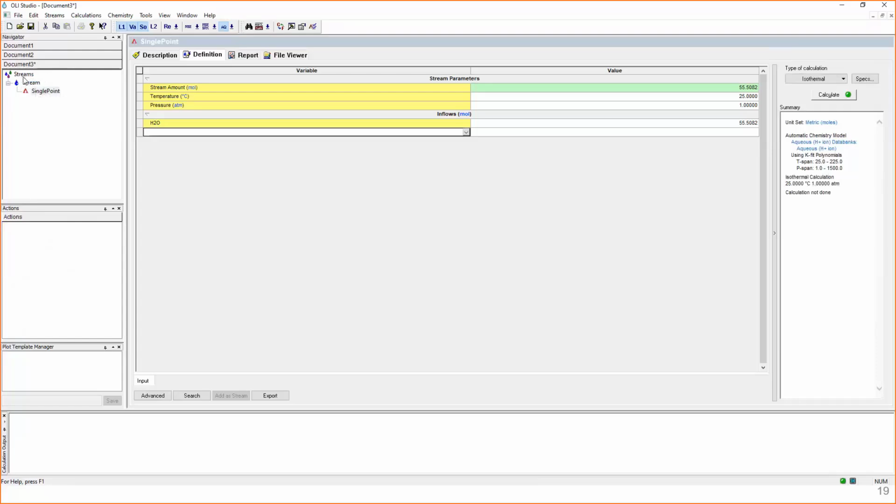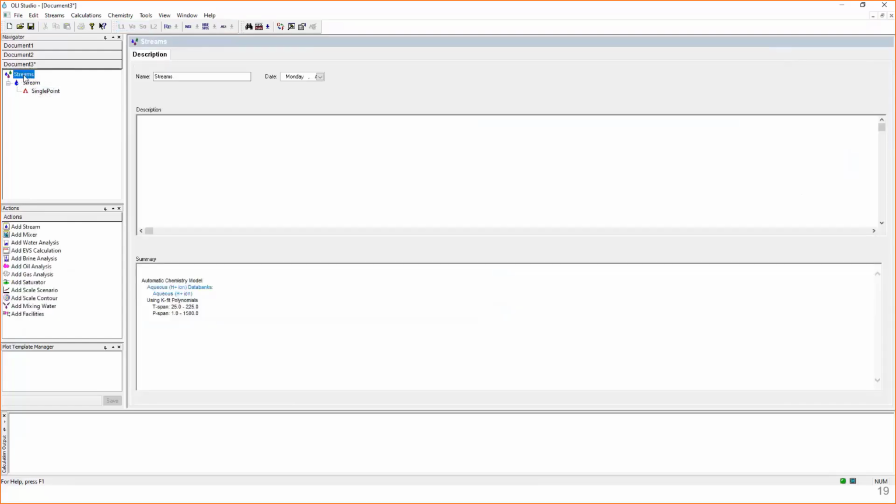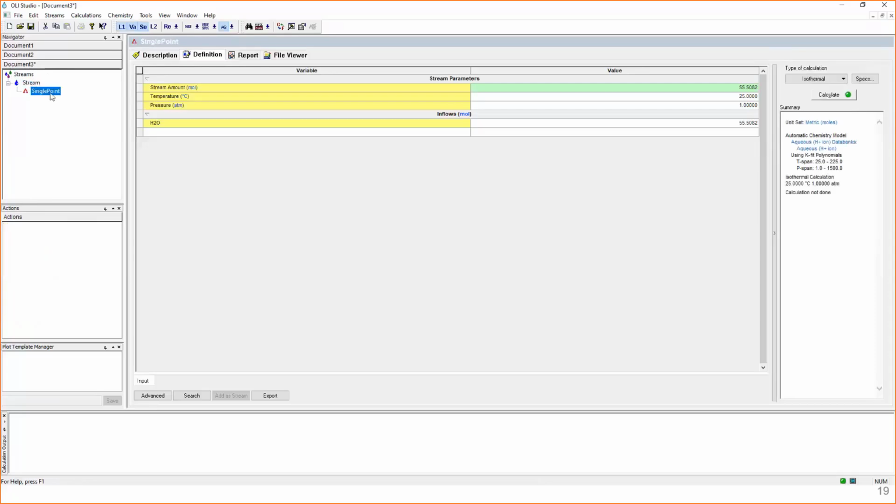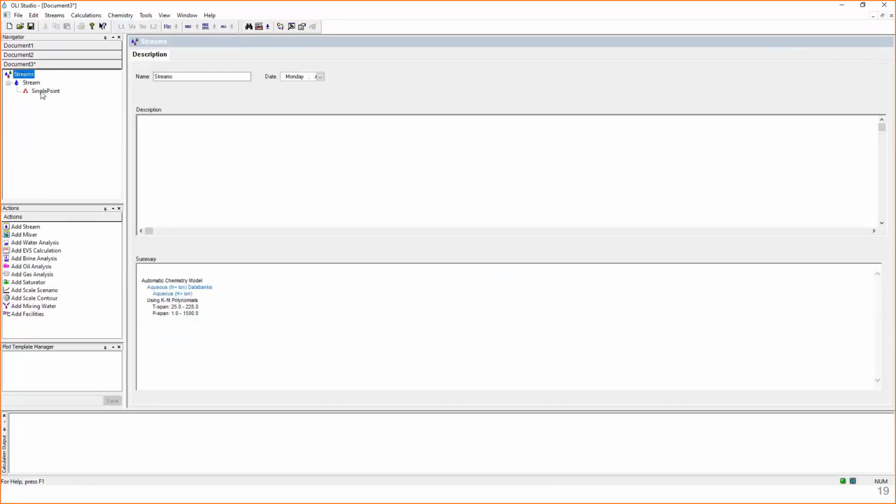I just want you to notice that here you start seeing a hierarchy. Changes that you make here at the global stream level will affect your stream level, and changes that you make at your stream level will affect the calculation level. So it always goes up, down. All changes will be affected from up, down.